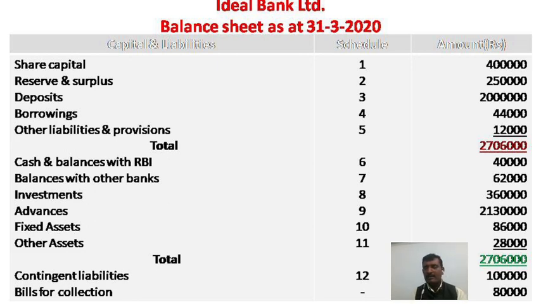The contingent liability available in this problem, in the adjustment, is rupees 1 lakh. There are acceptances and endorsements related contingent liabilities. Then bills for collection is rupees 80,000. Like this we have to prepare the profit and loss account and balance sheet of banking companies.